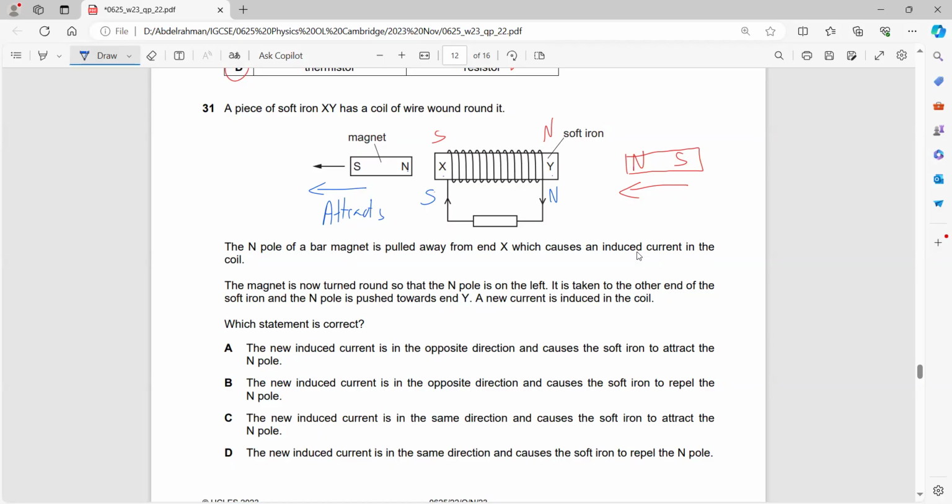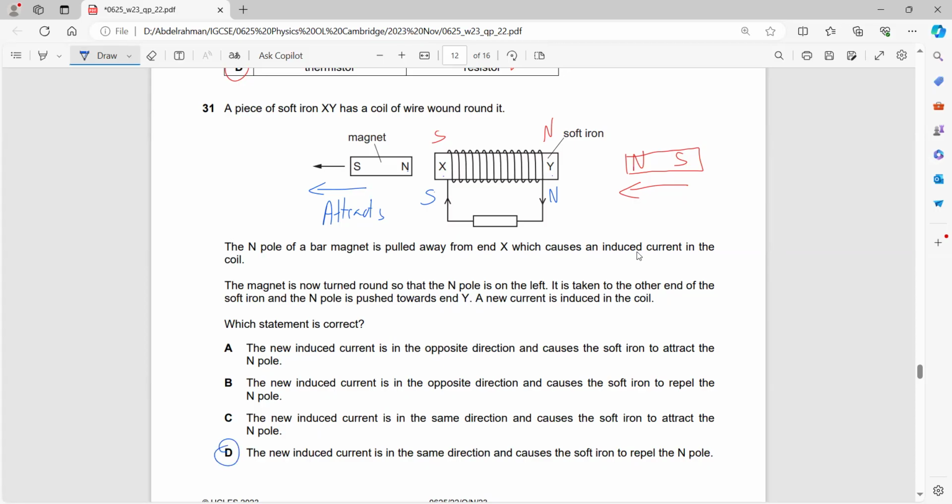When it repels, Y will become north and X will be south, which are the same initial poles as before, meaning that the current will be induced in the same direction. But if it had said that they changed the current, then it would be in the opposite direction. Yes. The answer would be D.